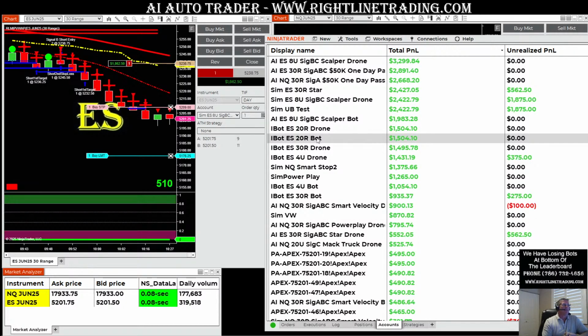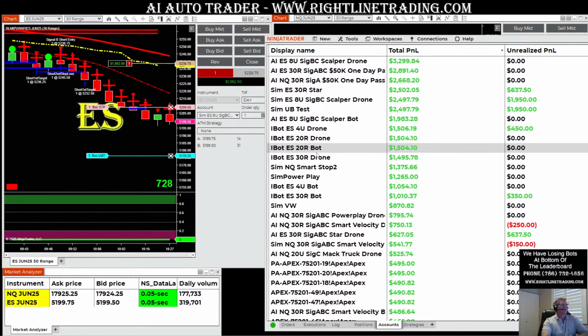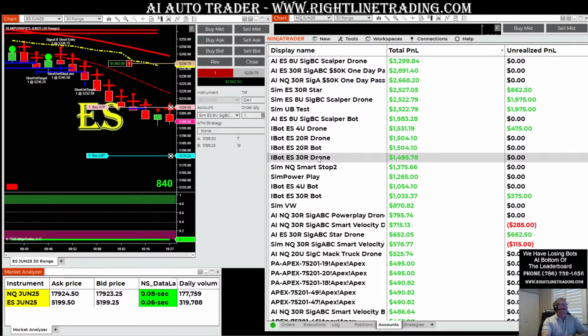And it's going to dynamically change its trading hours based on the performance. So we've got the bot and drones now for the iBots. That was one of our big updates that we released on Friday. So all of those iBots now come with that AI integrated technology that will have dynamically adjusting parameters.